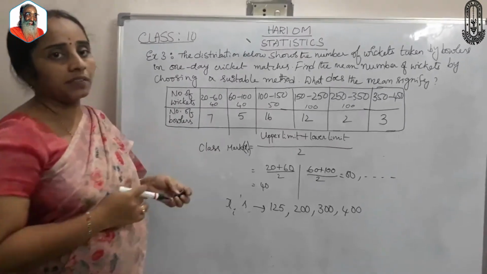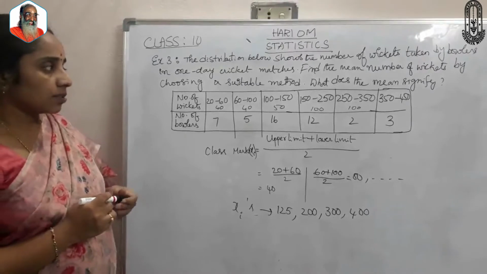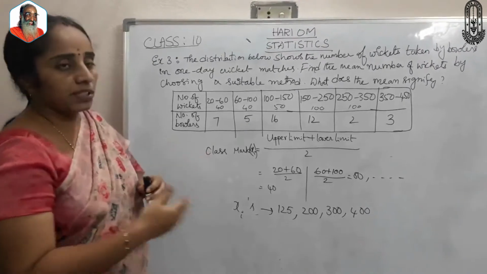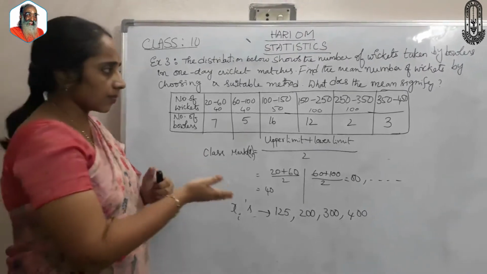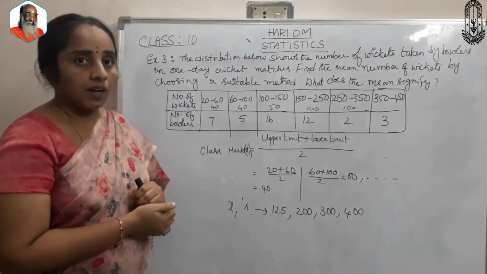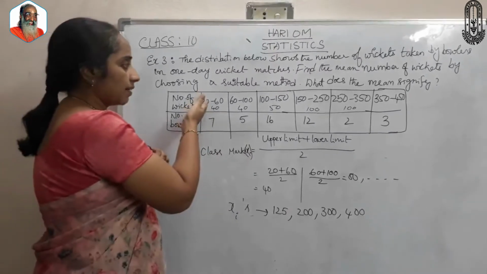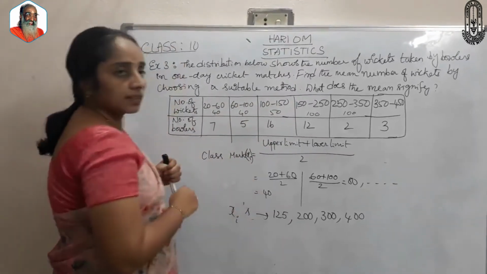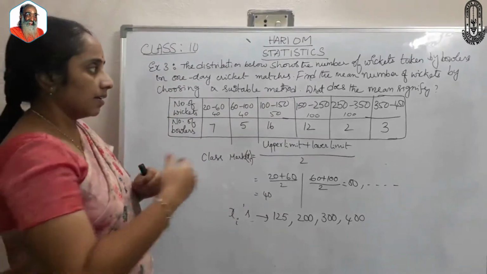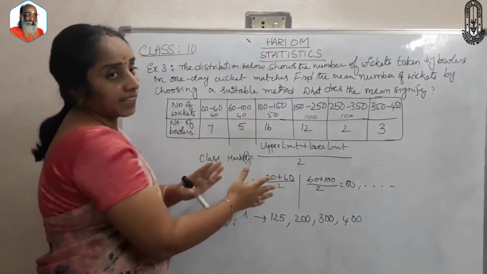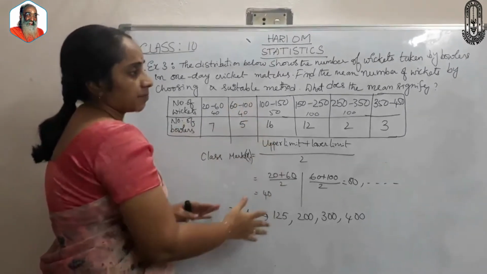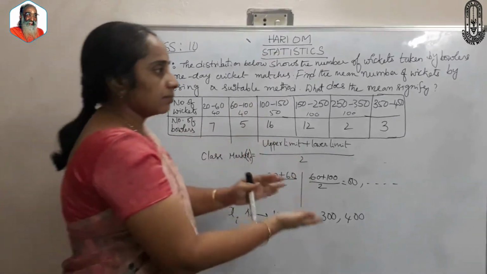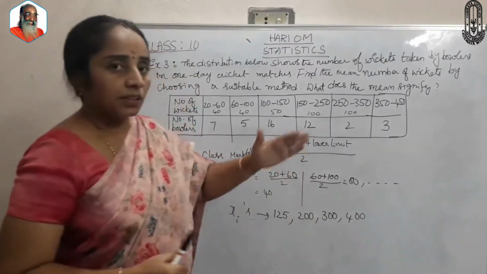For this step deviation method, as we discussed in the assumed mean method, how we changed the class intervals into class marks, and the next fi's, up to finding di, it is the same, and the next column will change with the ui's.